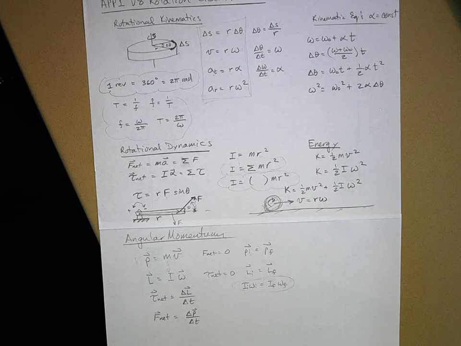So if you forget an equation, you can always think, okay, what's the equivalent in translational motion or kinematics or dynamics or whatever, and just translate it to rotational variables, and you'll be right.